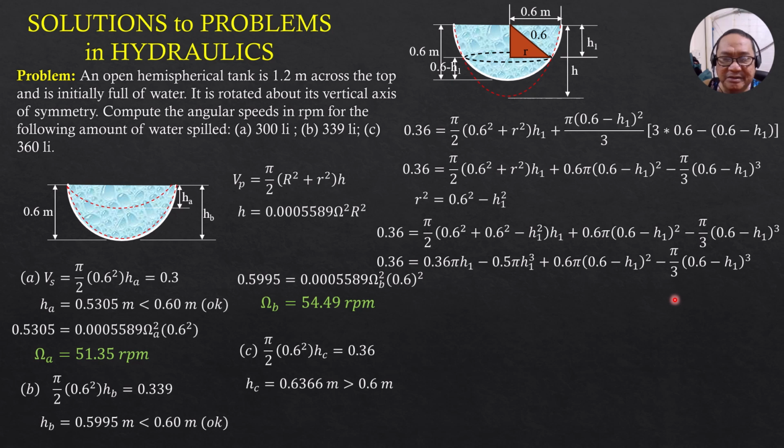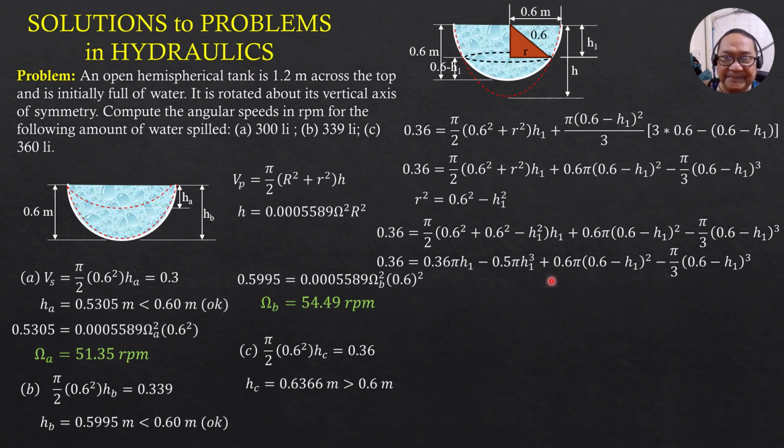So using your high-tech calculator, although we can simplify this by expanding 0.6 minus h1 cube and 0.6 minus h1 square and combining, because the calculator is capable of evaluating the value of this variable, which is h1, the only variable in this equation, then we will do that.